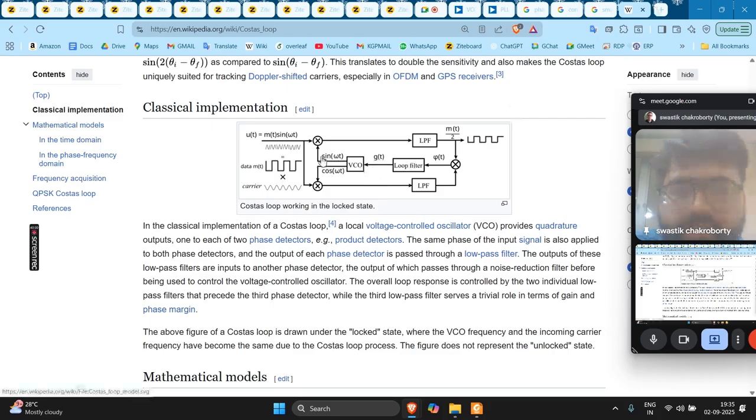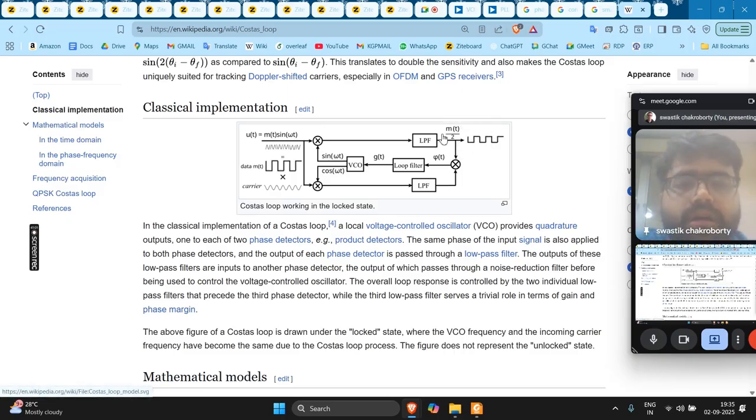Now what happens is this modulated signal is tracked with a VCO, which generates sine omega t. That sine omega t is multiplied and demodulated. So this is a classic demodulation. By using the VCO, we are generating sine omega t, multiplying it with the modulated signal, and we are getting back the message signal.